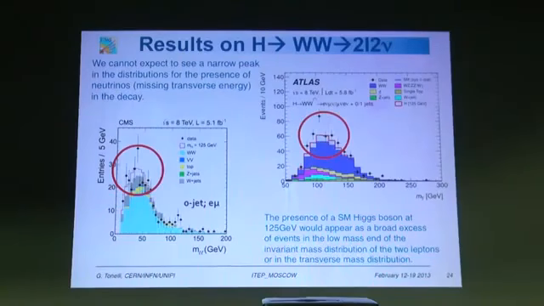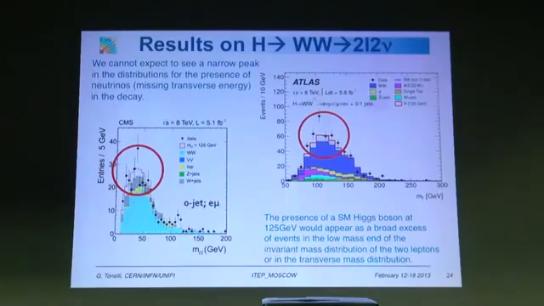It's a broad excess. You have neutrinos in these events, and so you are not able to reconstruct the mass of the Higgs boson properly, and so you correctly have a broad excess of events in the region in which you expect to see the signal. You should expect to see it if the standard model Higgs boson is there, but you cannot use this to claim we've got it.